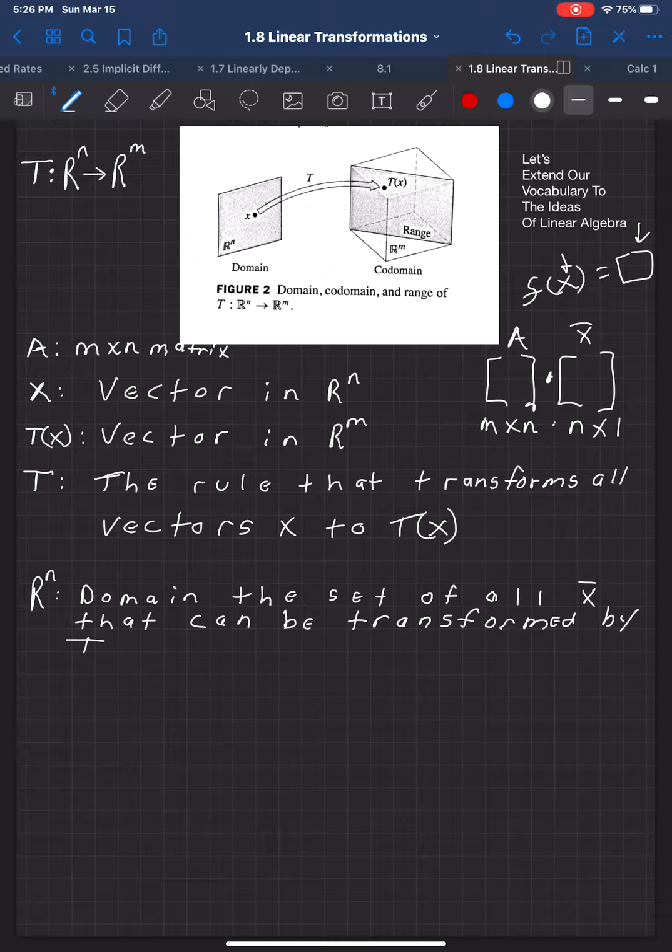There's some structure to this multiplication, and what I've just circled, those have to match. The number of columns in A must equal the number of rows in your vector x. Otherwise, structurally, you don't have a way of multiplying those two.